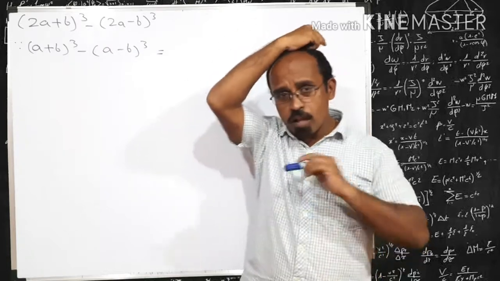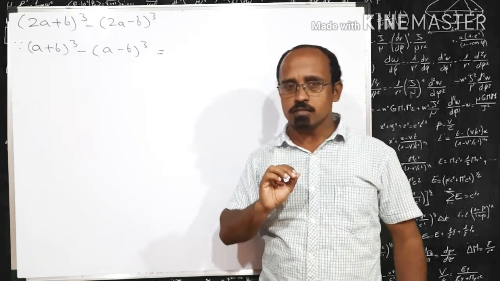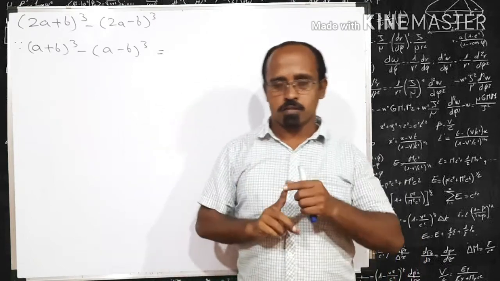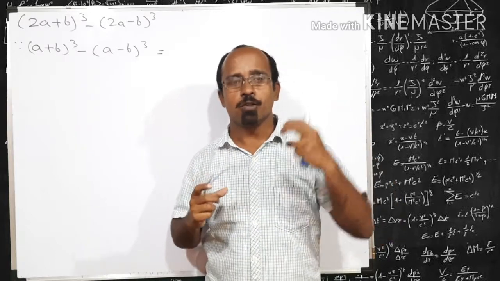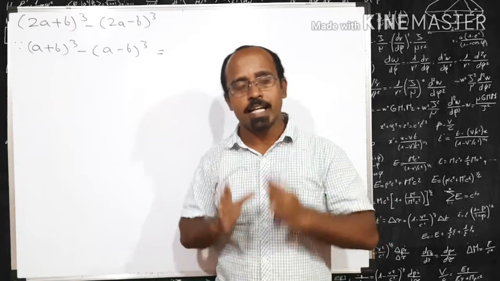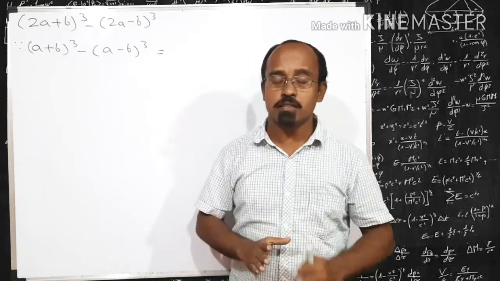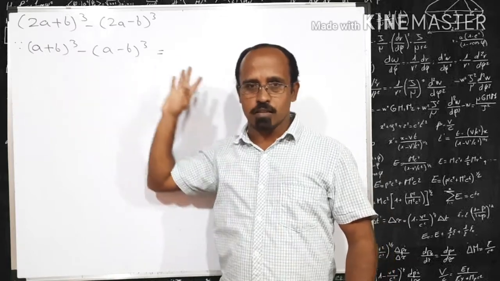And why are we using formulas? The advantage is, every time you recall the formula, so it is easier for you to learn it. And the best strategy of learning any kind of formula is to use it and learn it. So here we are using as well as learning.